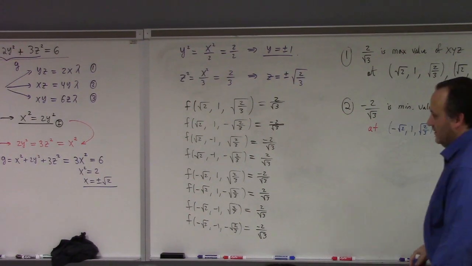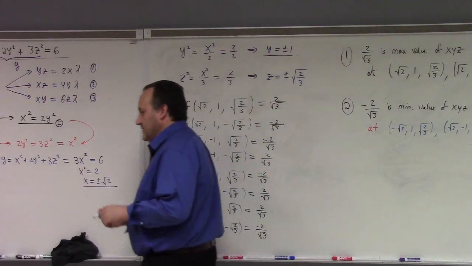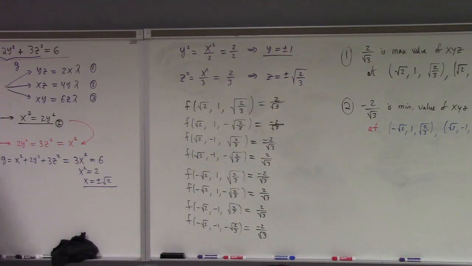There you go. So the maximum is attained at 4 points, the minimum is attained at the other 4 points, and there it is.